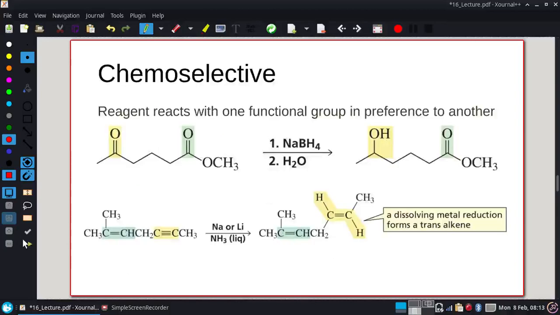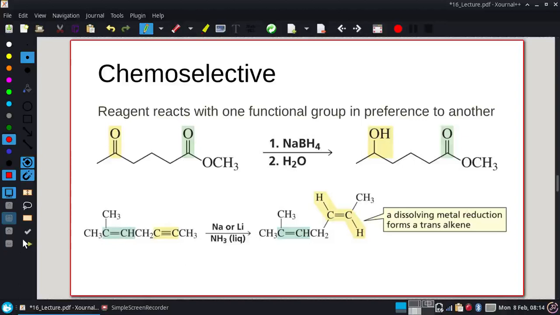All right, now here's something kind of neat that we're going to introduce now. Turns out all molecules, generally speaking, when we do reactions, if they have multiple functional groups, you're going to be able to treat them selectively based on what you're adding in there. So we call it chemoselective. Like for instance, I have a reaction with 2 different carbonyls.